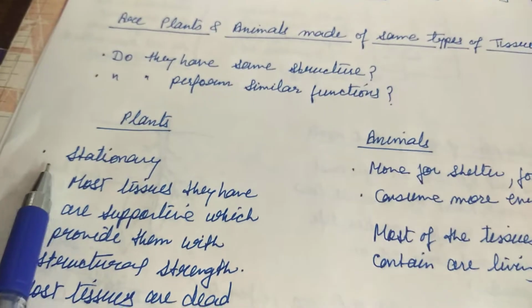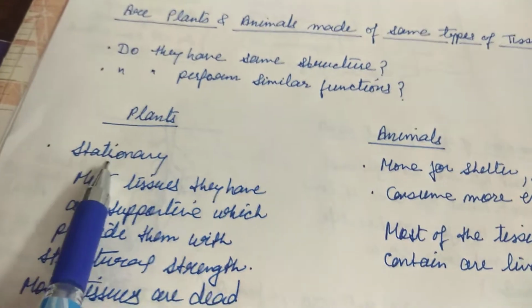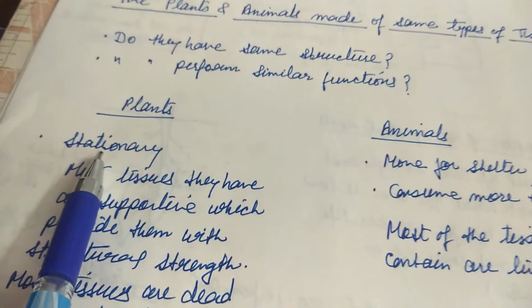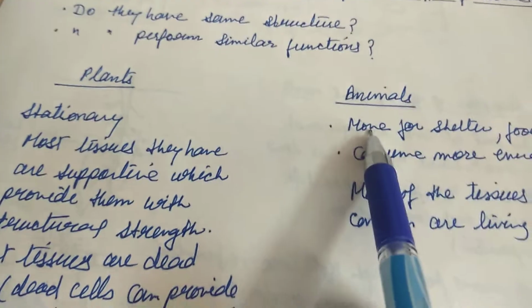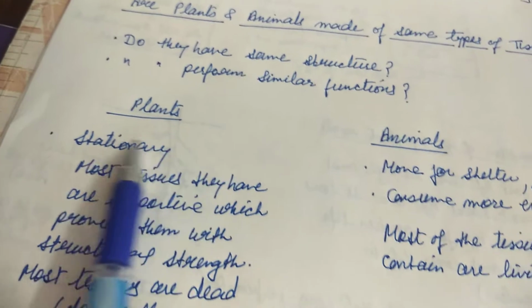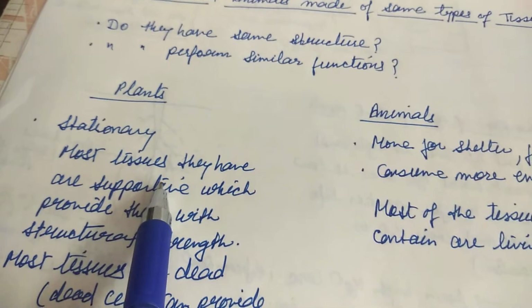First, plants are stationary, they remain at one place, right? And animals move for shelter, food, and for mates, right? So plants are stationary, so what type of tissue do they require?